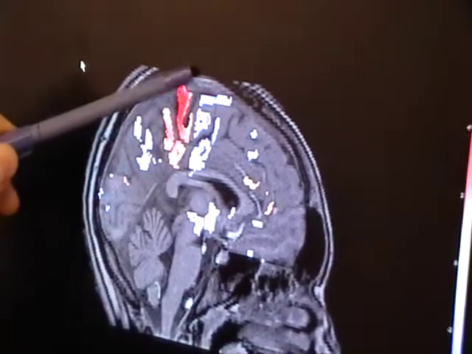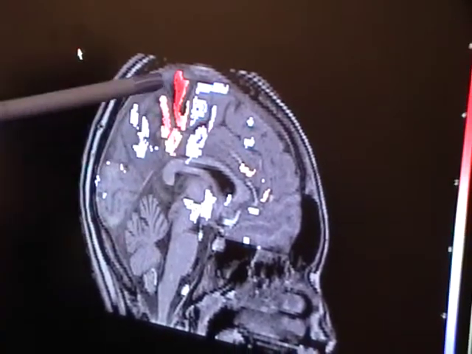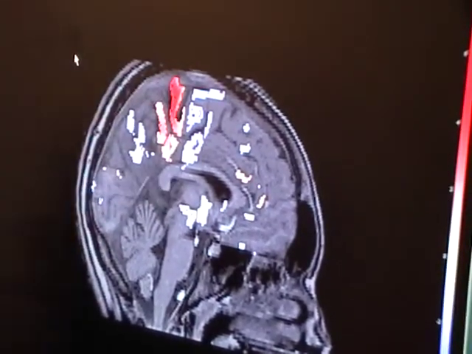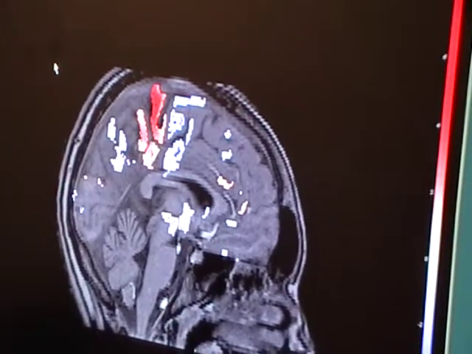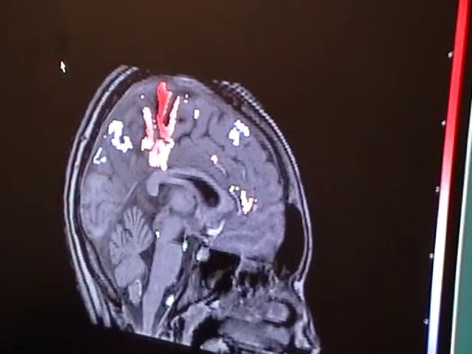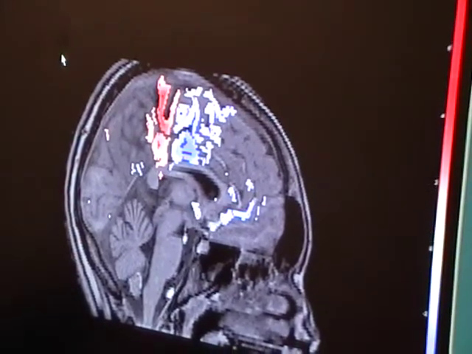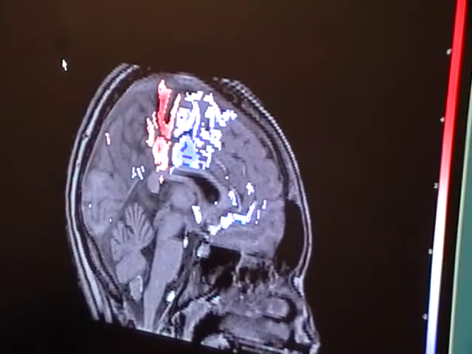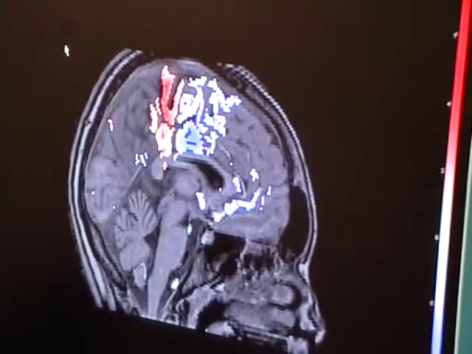But in contrast, like here, when the two territories are maybe very close but do not overlap, there is a good chance that surgery will be successful with very little risk, I should say, in terms of the consequences and the functional outcome of the surgery.